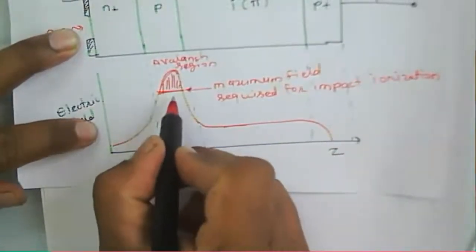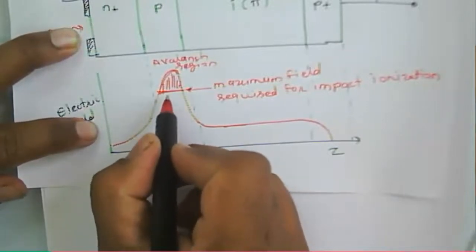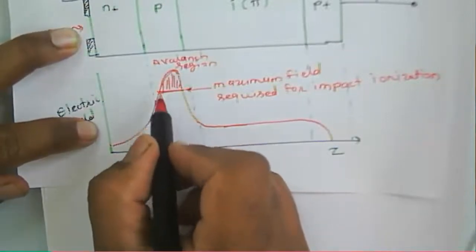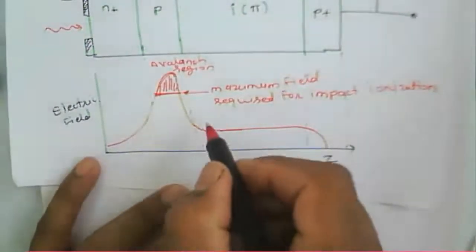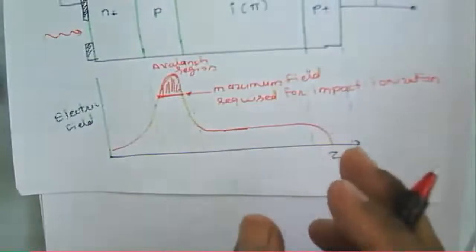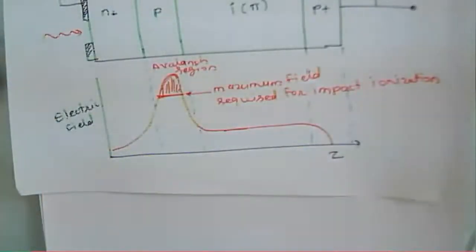Now above this, the multiplication of electron and hole pairs is generated there, and because of that, we'll get a large output current.